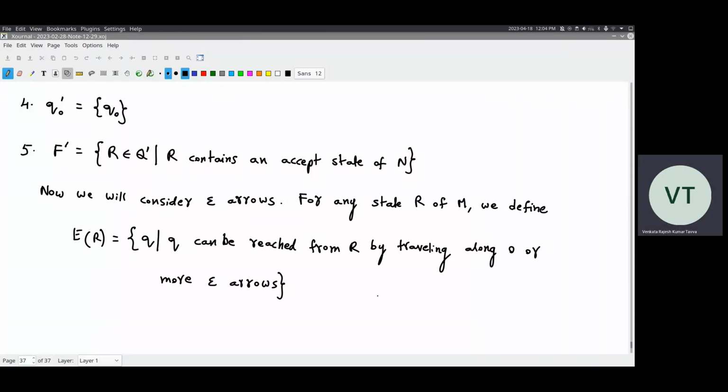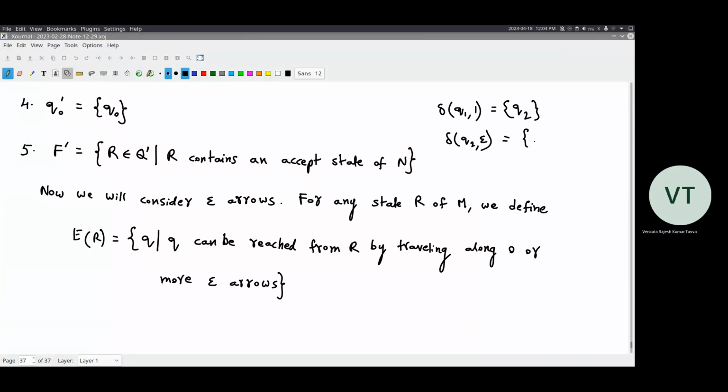Okay, so in one of the earlier examples, if you remember, say delta of q1 comma 1 is q2, and delta of q2 comma epsilon is q3, right?